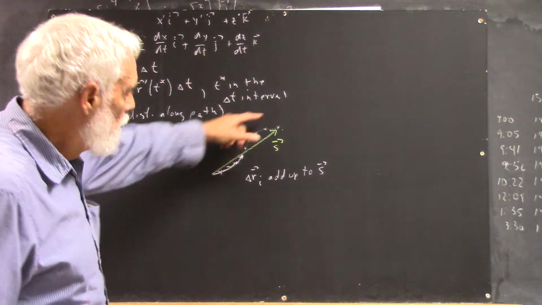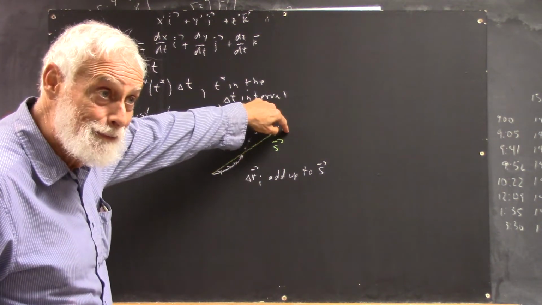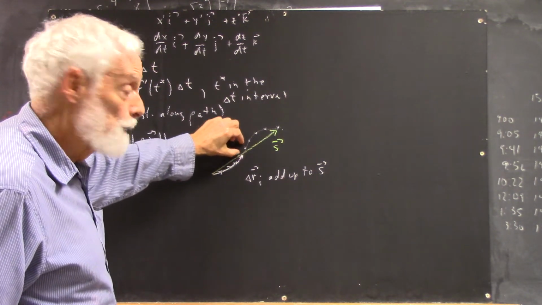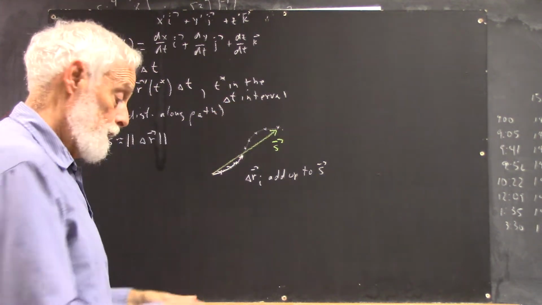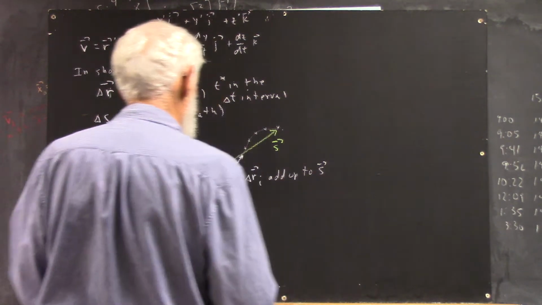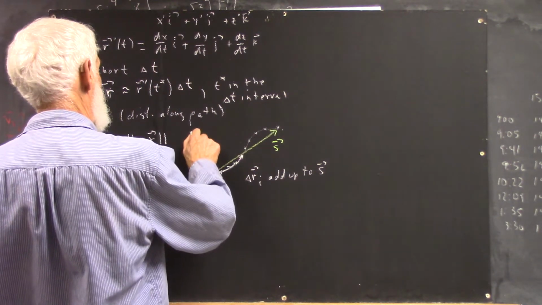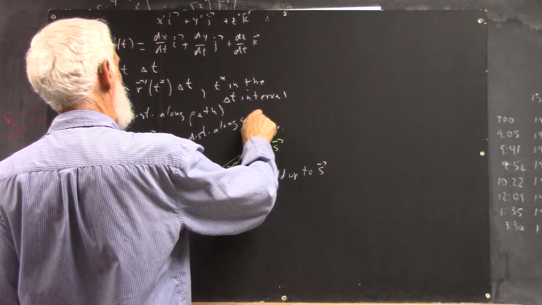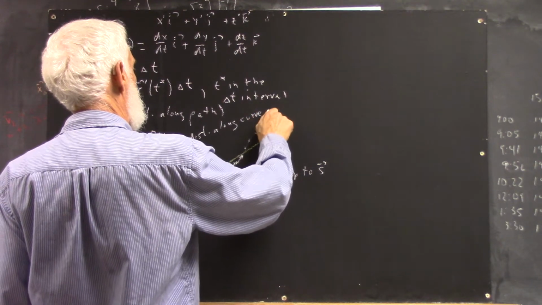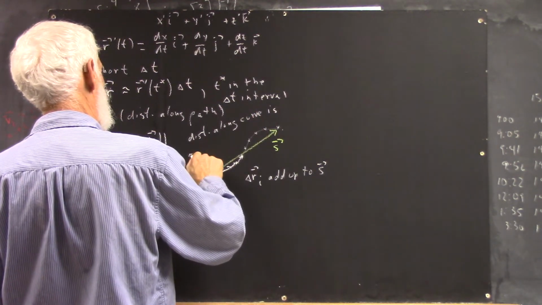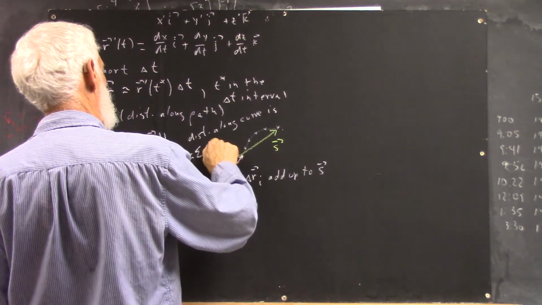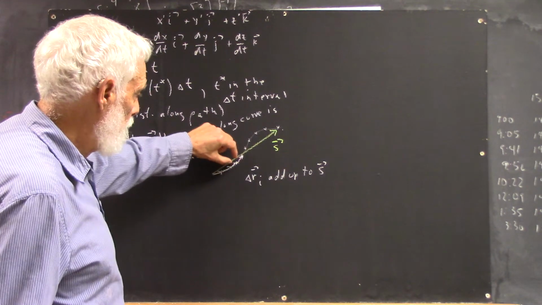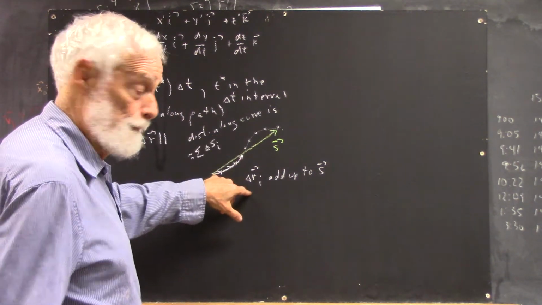But the distance you move along the curve is not the length of S, is it? Now it's pretty close to the sum of the lengths of all these vectors, right? Okay? So the distance along the curve is the sum of the delta S sub i's, where delta S is the length of each of these little vectors, right?